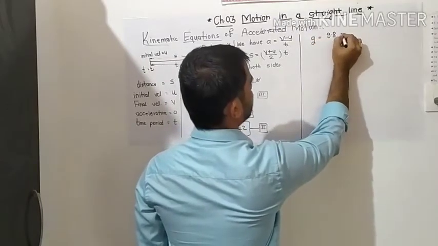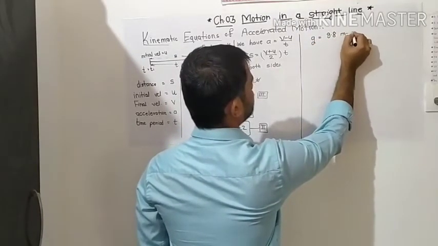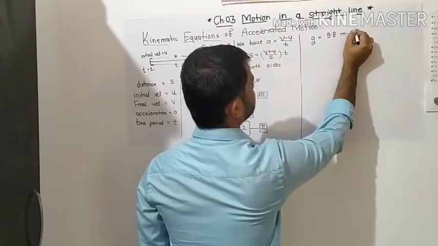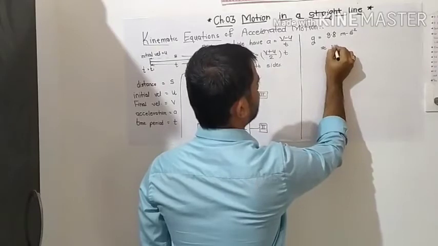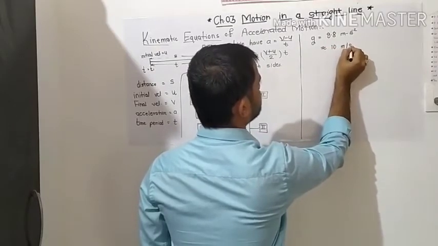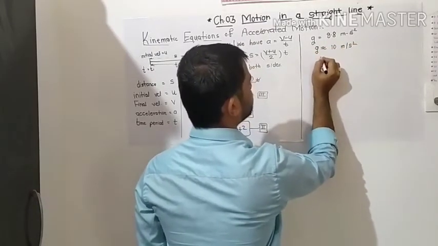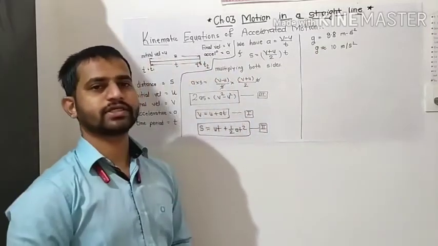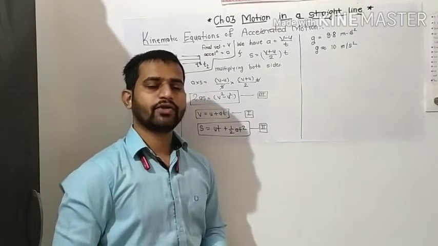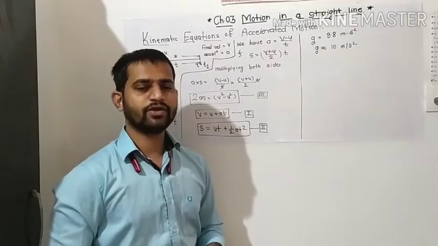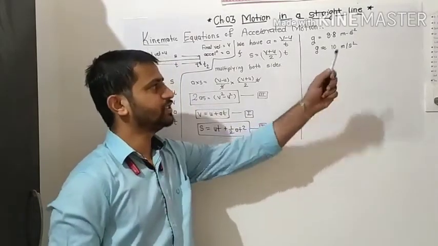Or we can write it as nearly equal to 10 m/s². The value of g can be taken as 10 m/s² if there is no requirement of higher accuracy.